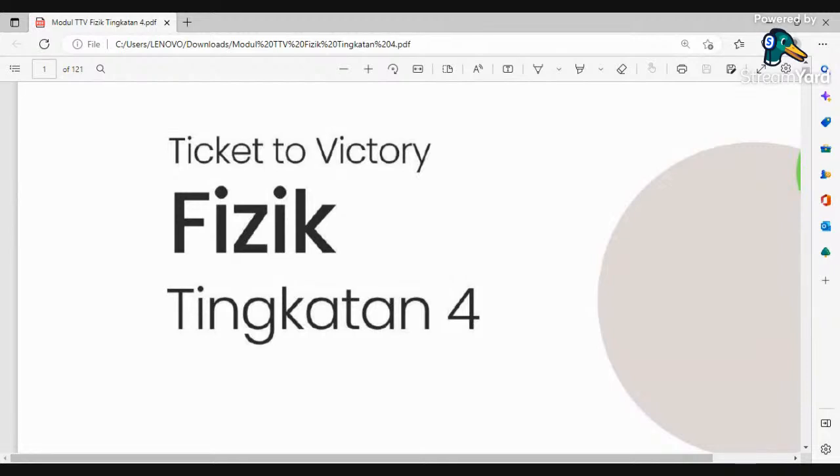Today revision using Ticket to Victory ya, Physics Form 4. So I make it as revision. So now we start. Do not waste time. Just go to the page that we want.